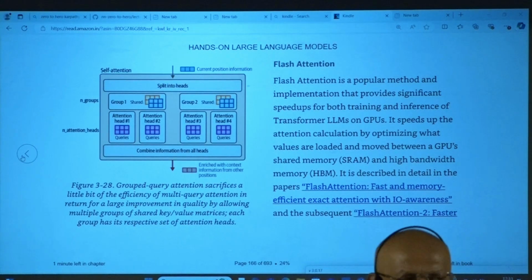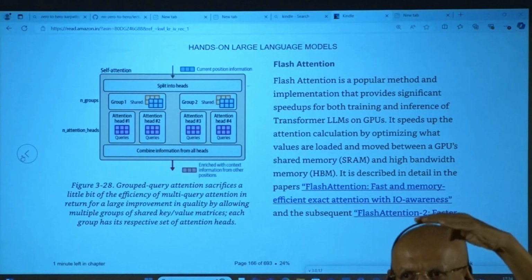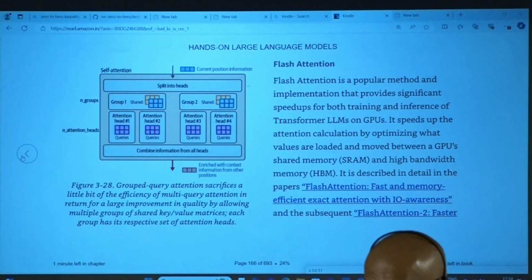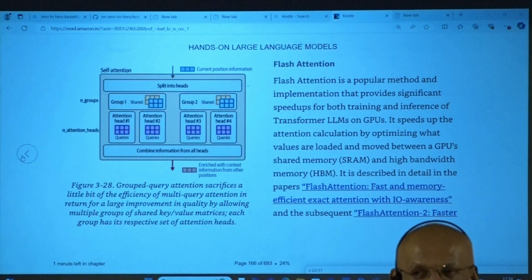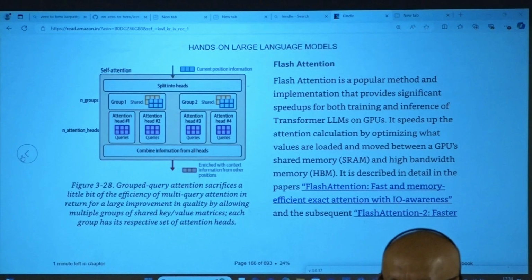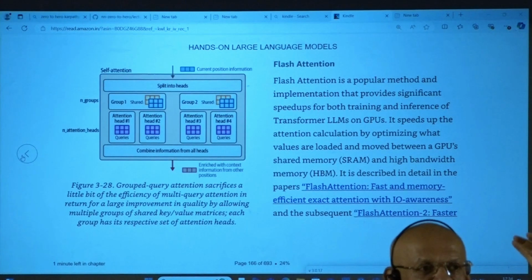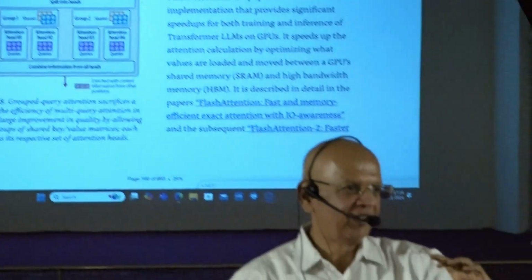Again I am summarizing: the input is tokenized, becomes tokens, and tokens transform to vectors using embedding. The sentence consists of multiple vectors, each token becomes a vector. So multiple vectors simultaneously go through the network. The network consists of two blocks, attention and feed forward.